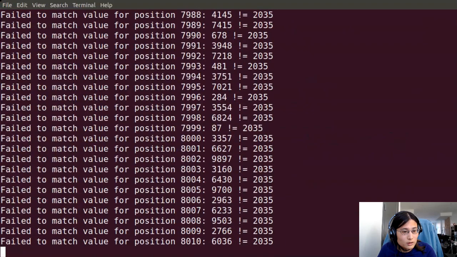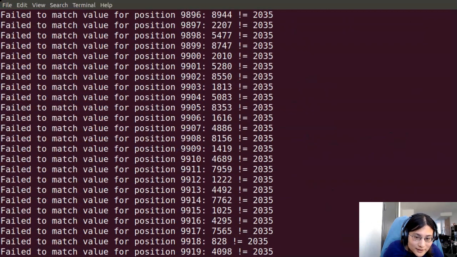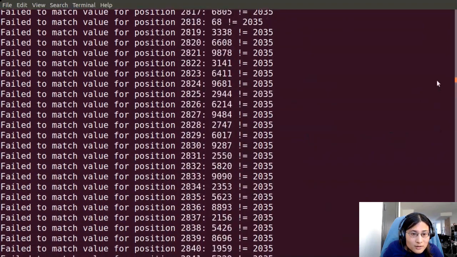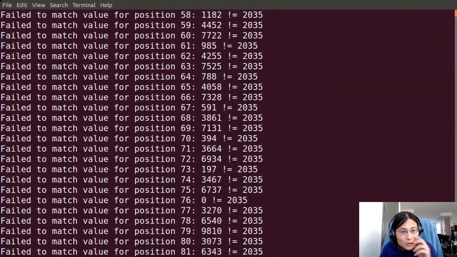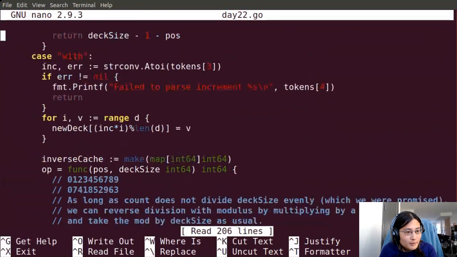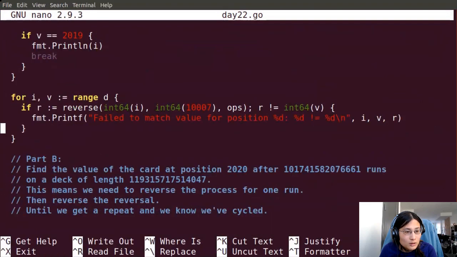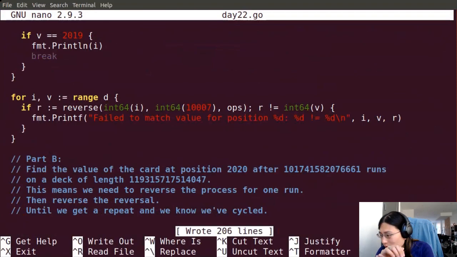All right. So that's fascinating. Why are these all resolving to 2035? That should not be happening. Weird.